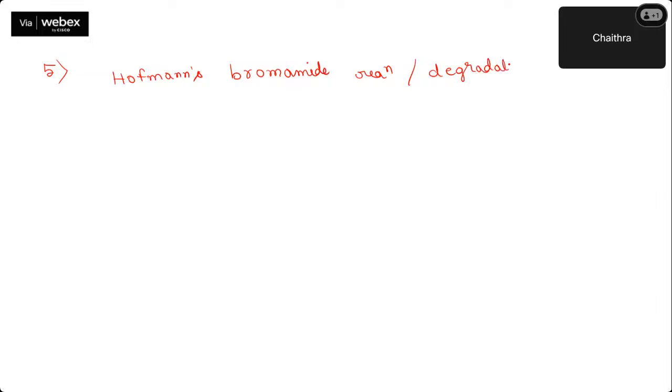Here you take the starting material as amide and you convert that amide to amine. What is the difference you are seeing?